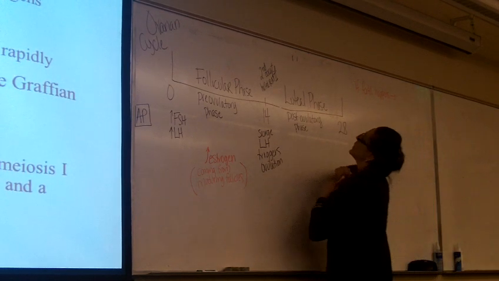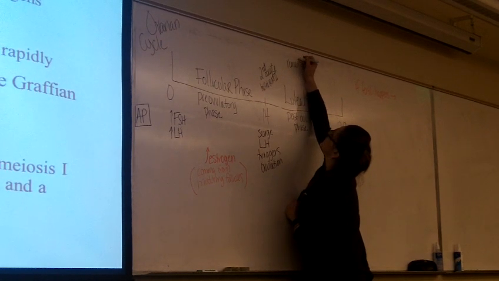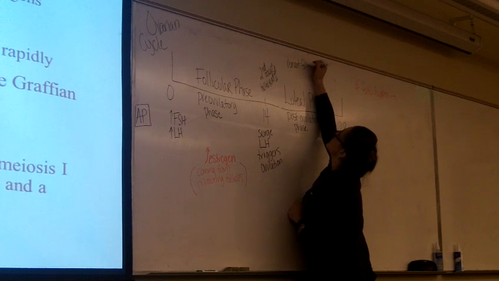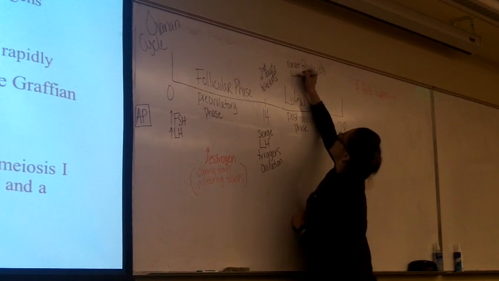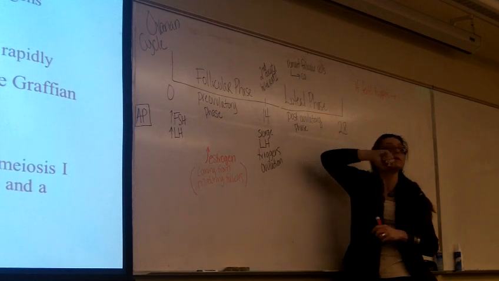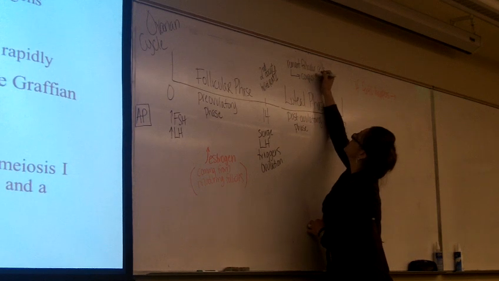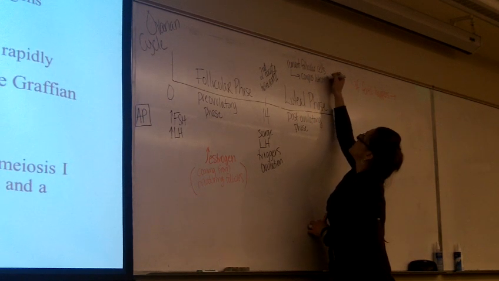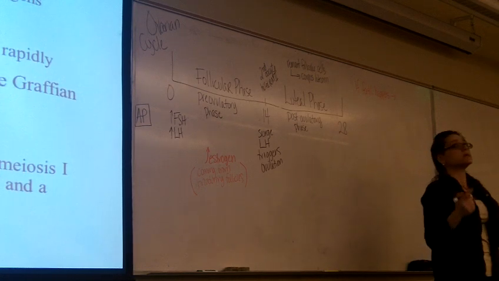So let's put that up here. So the remnant follicular cells become an endocrine secreting structure called the corpus luteum. And that's why this is called the luteal phase, because this is when you form the corpus luteum.